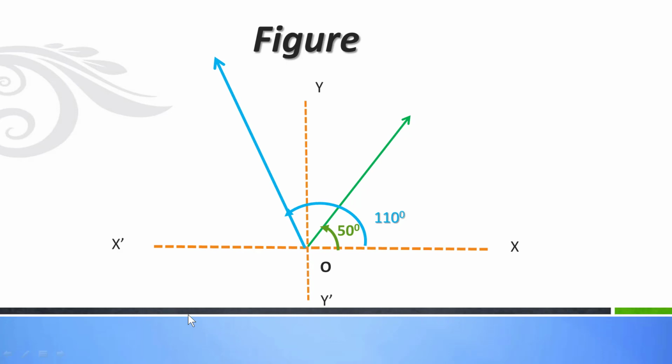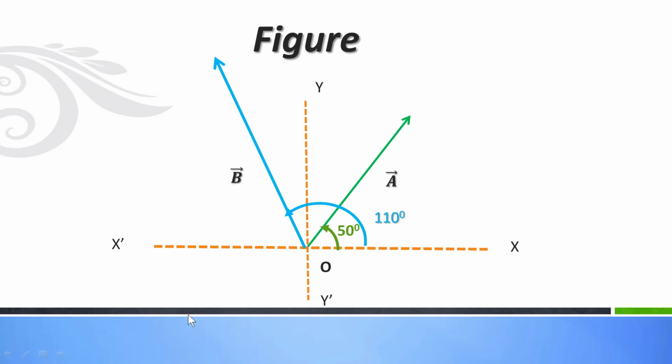You can see we are starting the angle from the positive x-axis. These two are the given data, and we have to find the magnitude of dot and cross product.